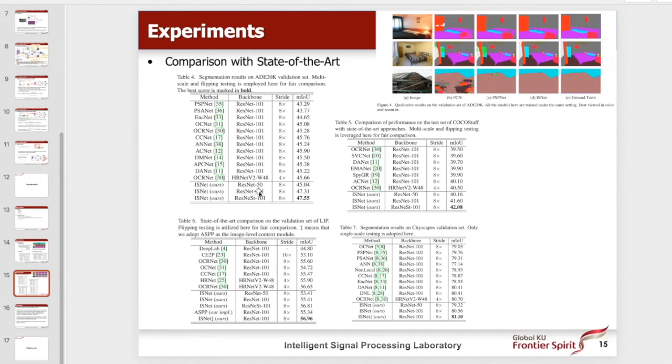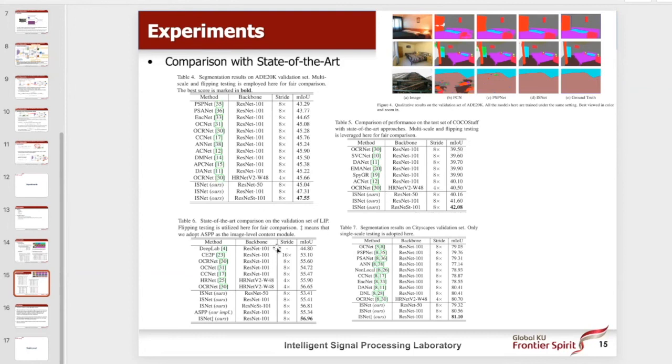And when we adopt the ResNet-101, we are better than the compared methods. This is the result on this set. And for COCO-Stuff, the proposed method also achieved comparative results.